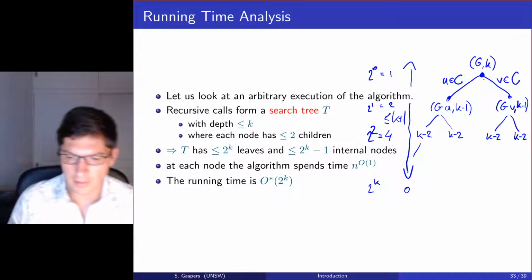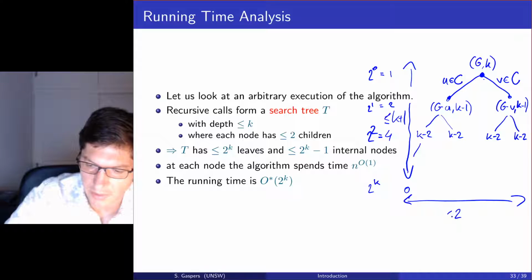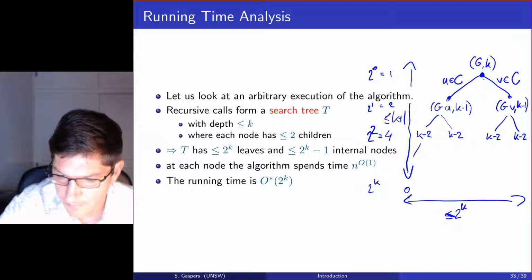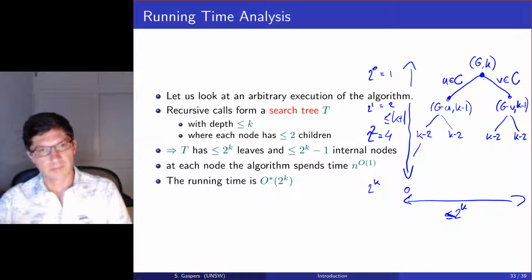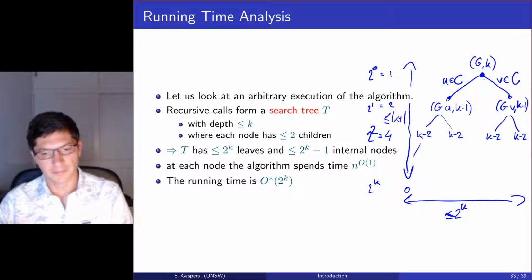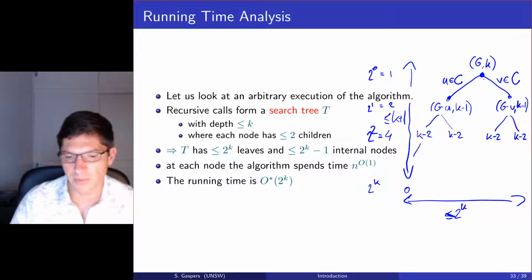So what does that mean? The number of leaves of our search tree is at most 2 to the power k. Since this is a binary tree, we know that if we have 2 to the power k leaves, then the number of internal nodes is at most 2 to the power k minus 1.